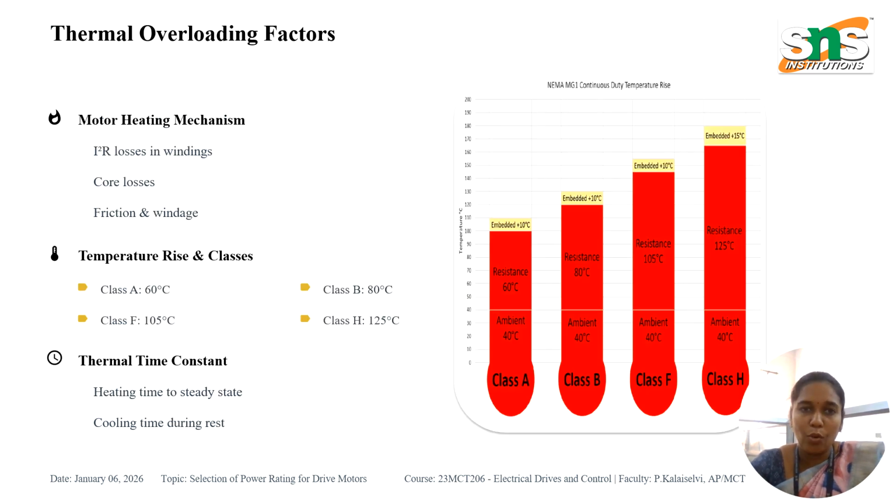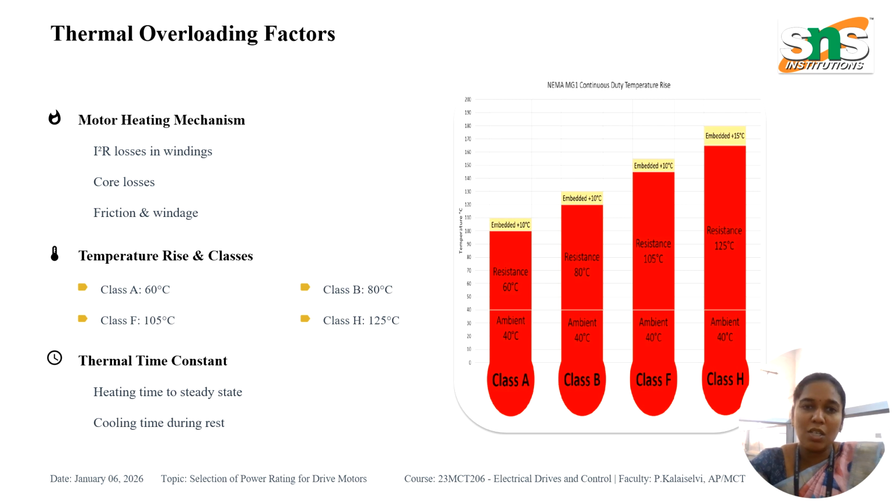Here, thermal overloading factors. Let us understand why a motor heats. Motor heating occurs due to I square R losses in the winding, that is, current resistance loss, core losses, friction, and windage. Insulation temperature classes are: class A is 60 degrees Celsius, class B is 80 degrees Celsius, class F is 105 degrees Celsius, and class H is 125 degrees Celsius.